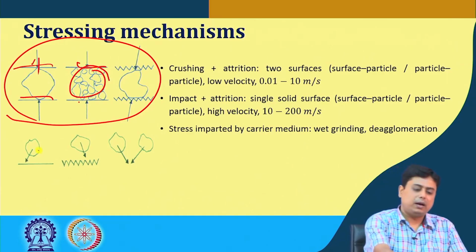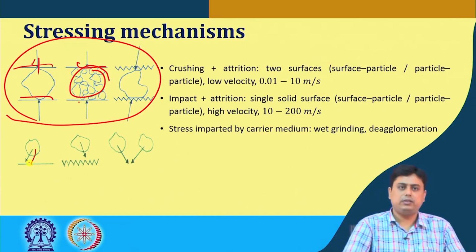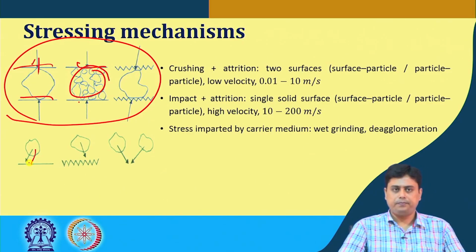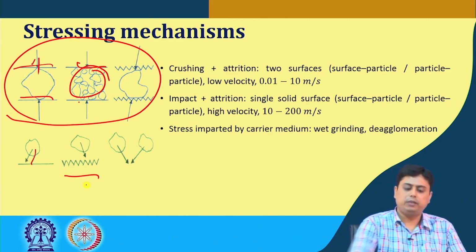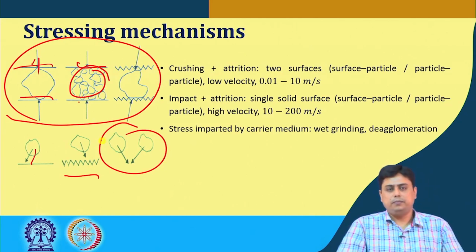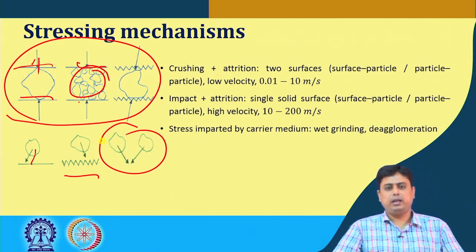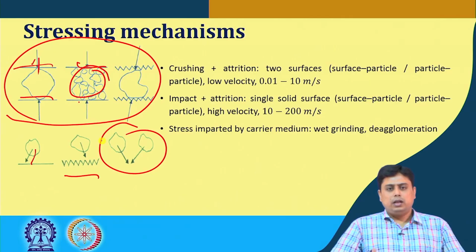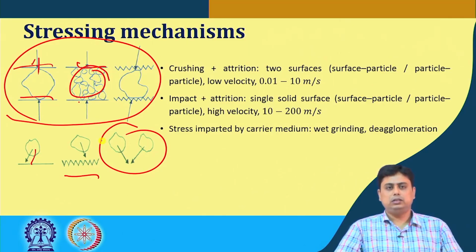Either the solid particle hits the surface or that surface hits the solid particle, be it a solid or the fluidic media, or fluid when there is a high velocity of the fluid and the particles are being carried. There the particle-particle attrition will cause this size reduction to happen.